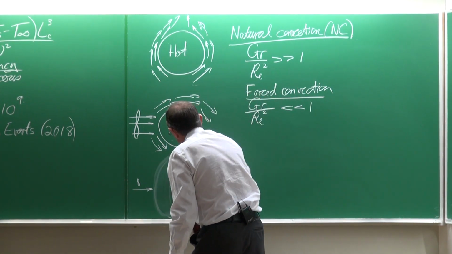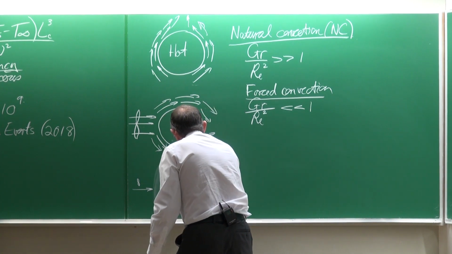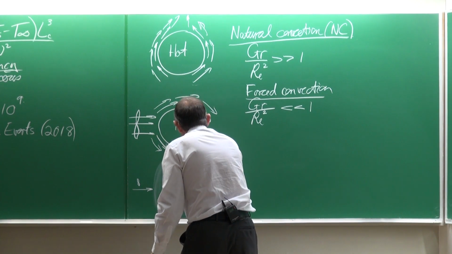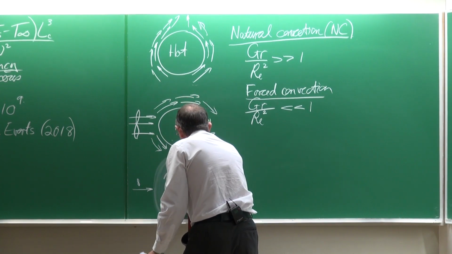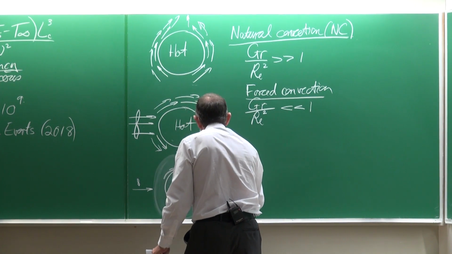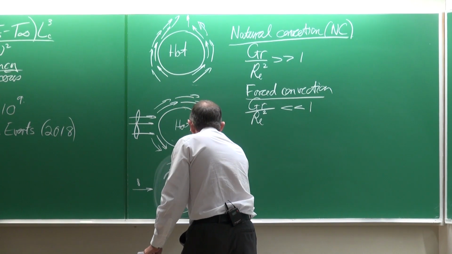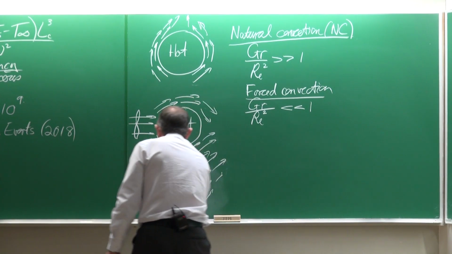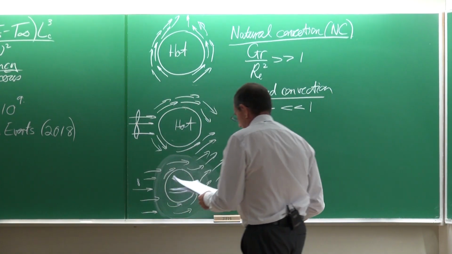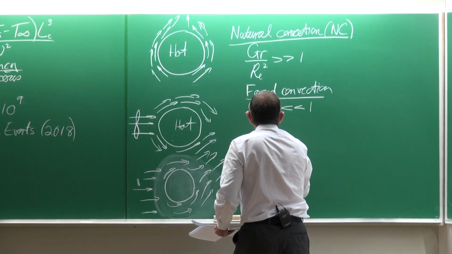Let me just make this a little bit smaller so that I can have some more space. So there it is. What's now going to happen is the flow is going to do something like that. Okay. And this is called mixed convection.